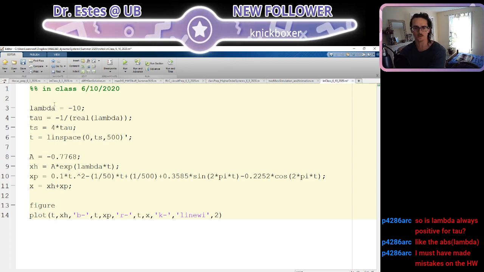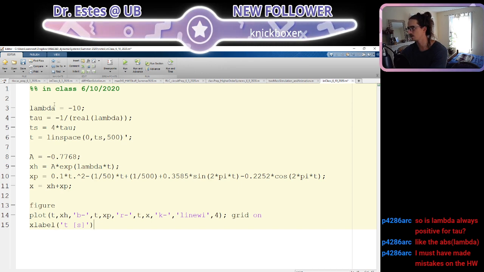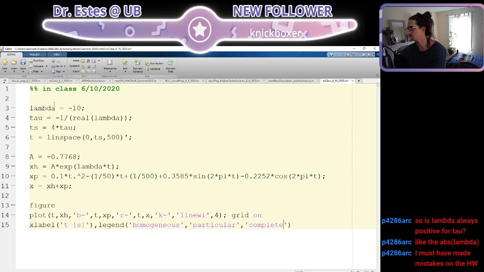And let's make a bold line width of 4. I'll turn on my grid. I'm going to label my axes. Actually, I'm going to put a legend in here. Homogeneous, particular, and complete.